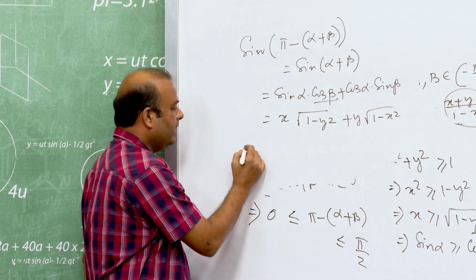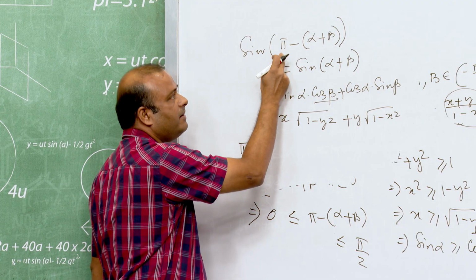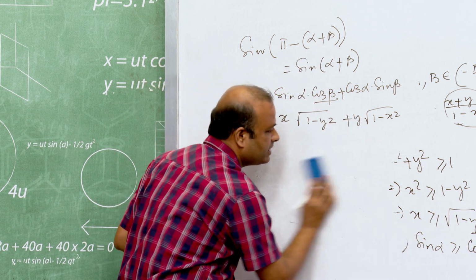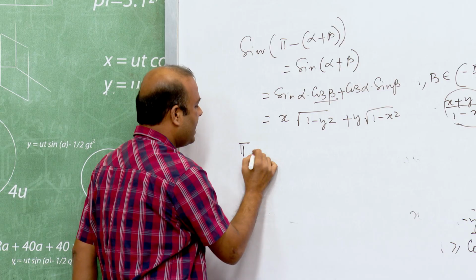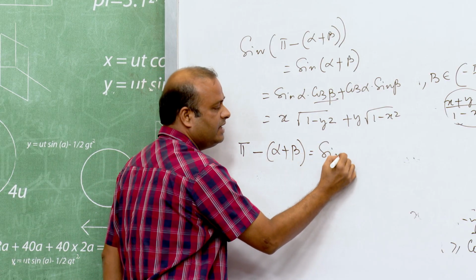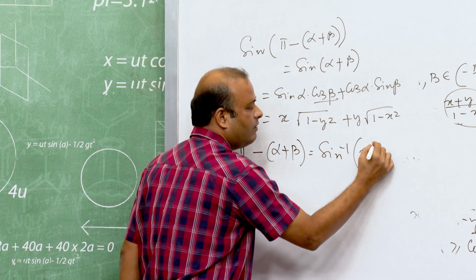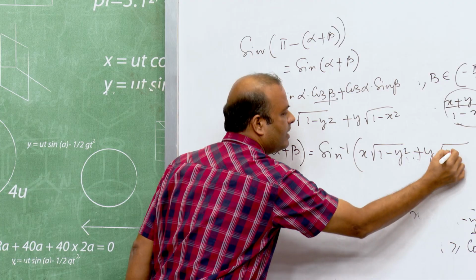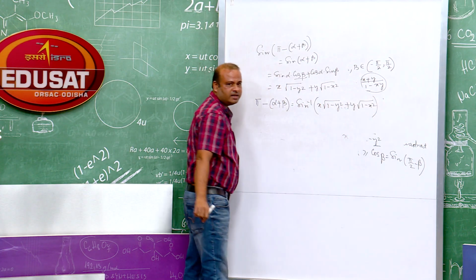So pi minus (alpha plus beta) is equal to sin inverse of x into root over of 1 minus y square plus y into root over of 1 minus x square, right?